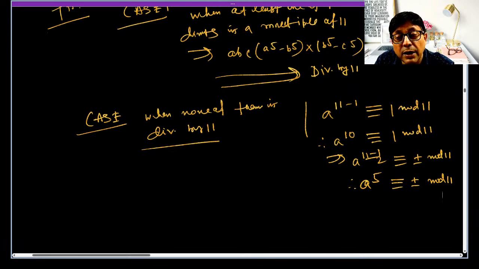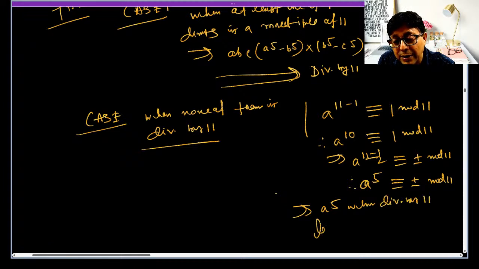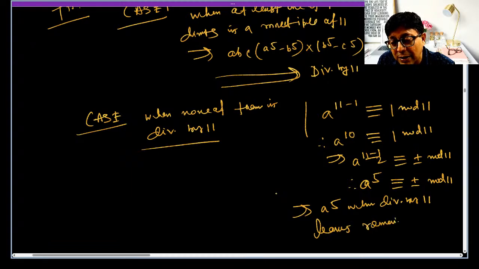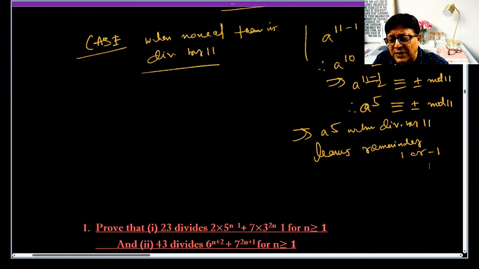So what does it mean? This implies that a to the power 5 when divided by 11 leaves remainder 1 or minus 1. Can I write minus 1? No, because the remainder is always kept in the form of a positive quantity.